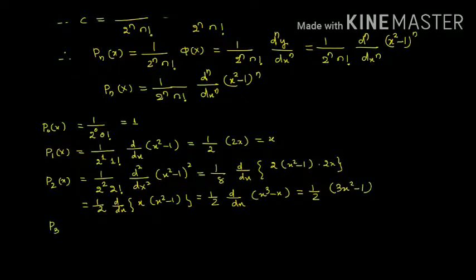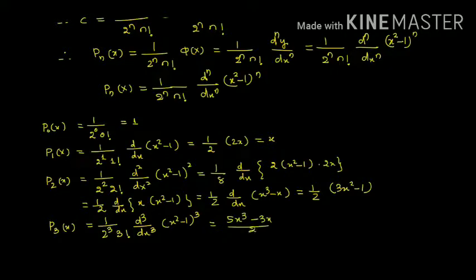Similarly, we can calculate P3 of x is equal to 1 by 2^3 factorial 3 d cube by dx cube of (x square minus 1) cube, which can be calculated as (5x cube minus 3x) by 2. So this is about Rodrigues formula for Legendre polynomial, from which we can calculate different orders of Legendre polynomial. Thank you.